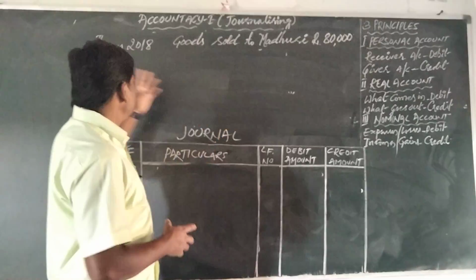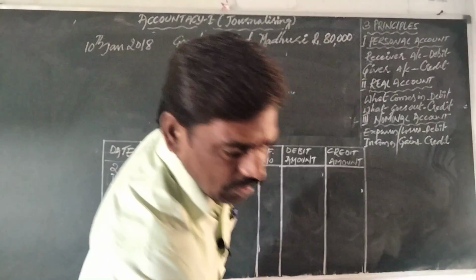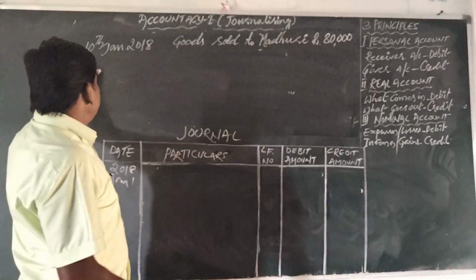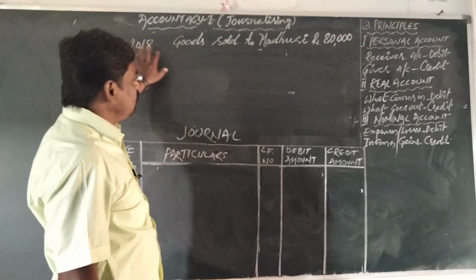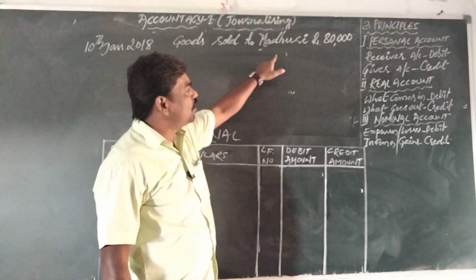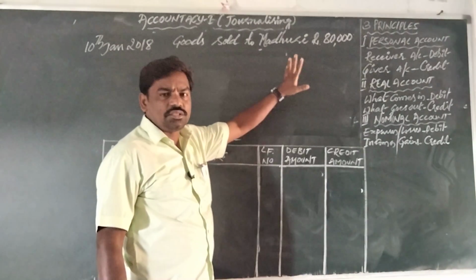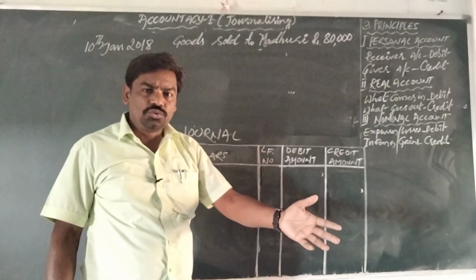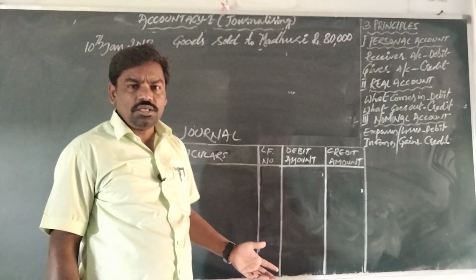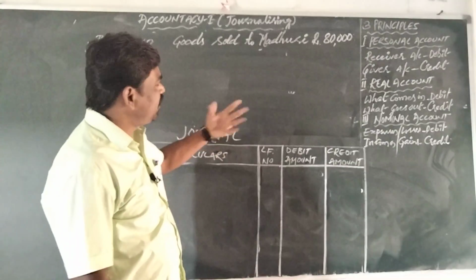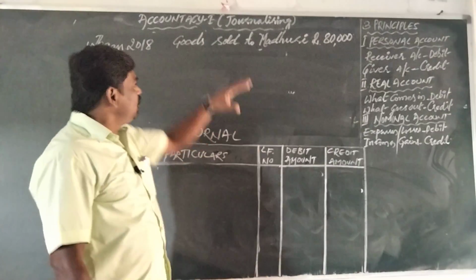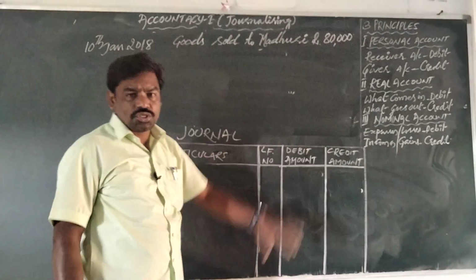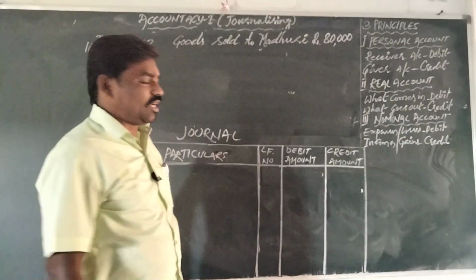See here, one transaction is given, that is 10th January 2018, goods sold to Madhuri rupees 80,000. So in this accounting transaction there are two aspects.